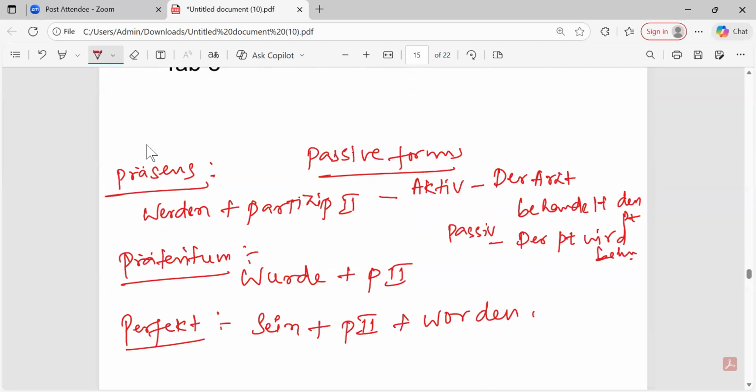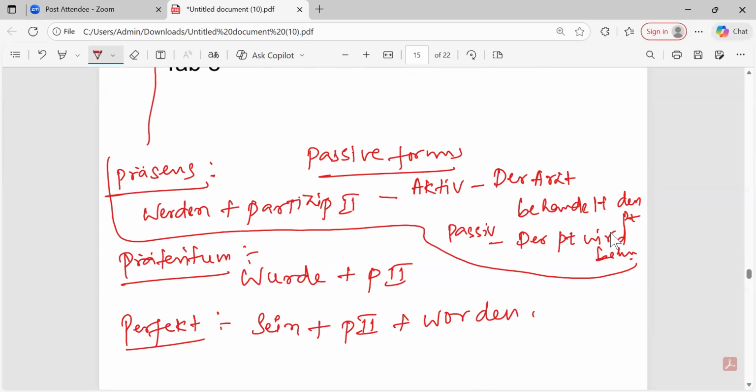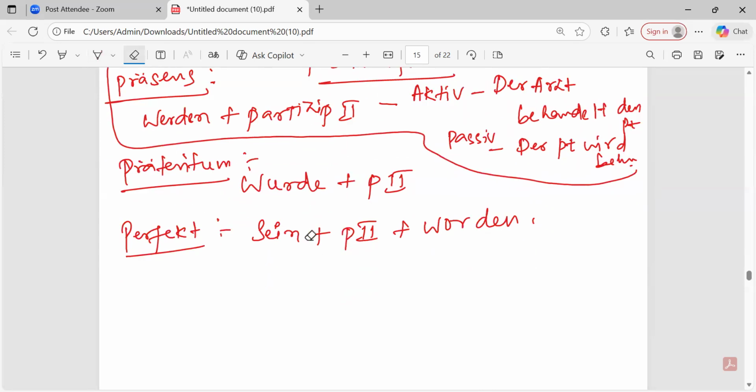So this is the passive form of the present. Clear?